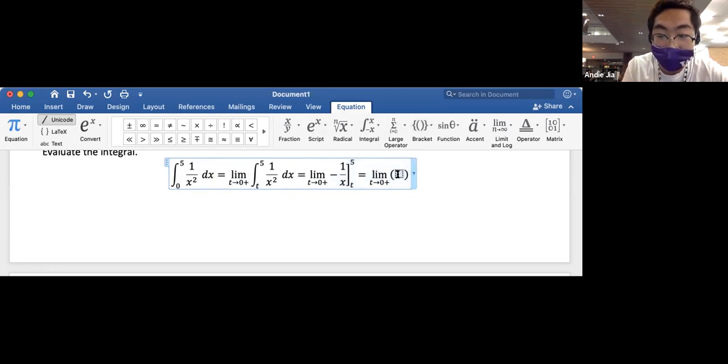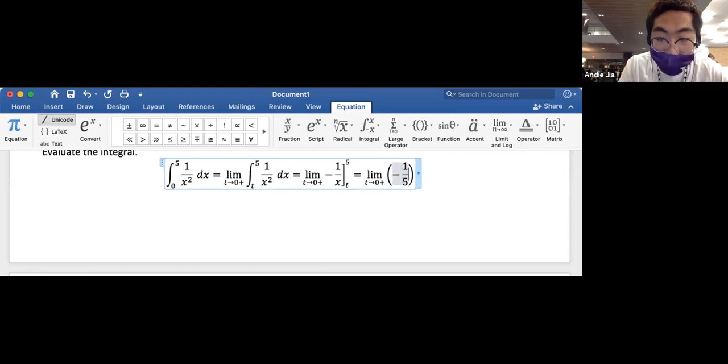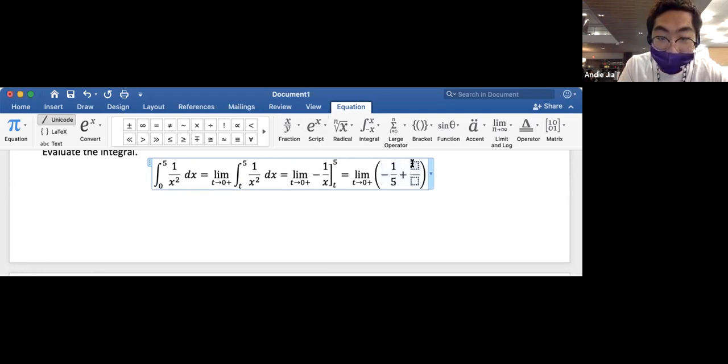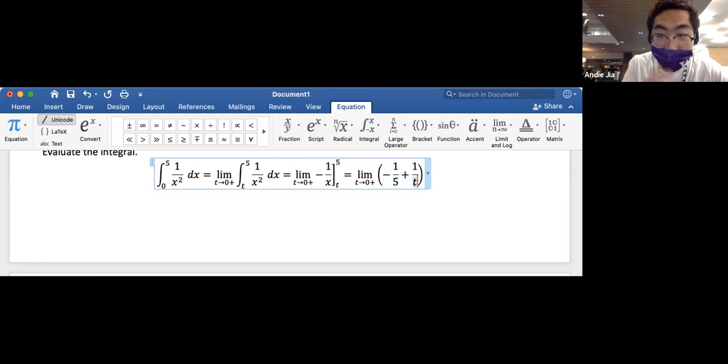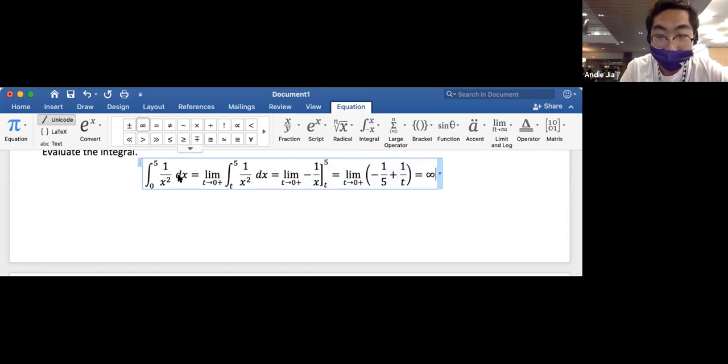We have negative 1 over 5, minus negative 1 over t, which goes to positive 1 over t. So as t goes to 0, it goes to infinity, so the whole thing goes to infinity.